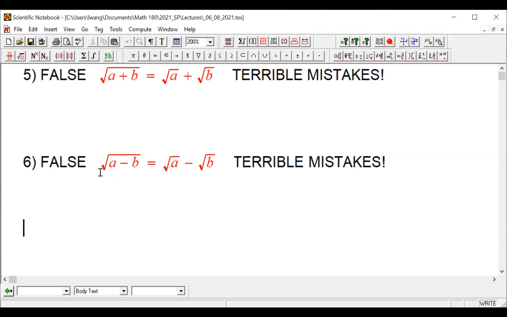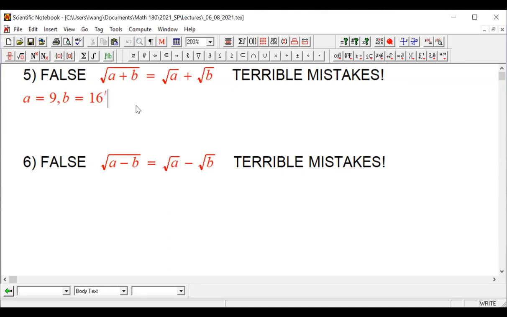We just make sure A minus B is positive. So I'm going to give you this counterexample. A is 25, and I like this example because it makes it easier for the calculation. Okay, and B, no, A is 9, B is 16. How about that? It's easier, right?